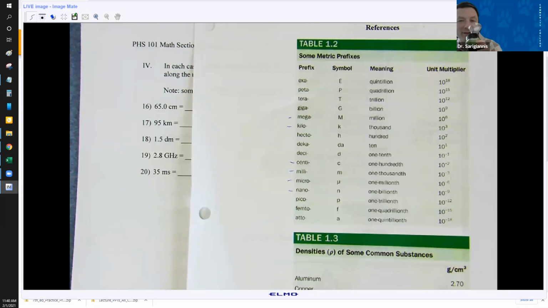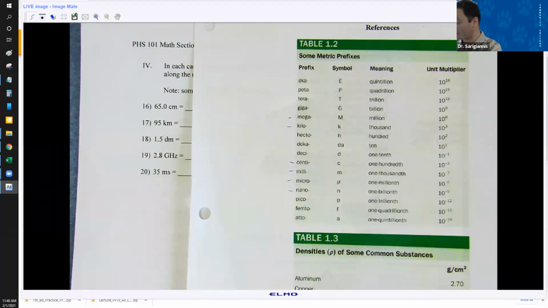Again, pretty straightforward, I think. And again, don't worry about proper scientific notation for this.